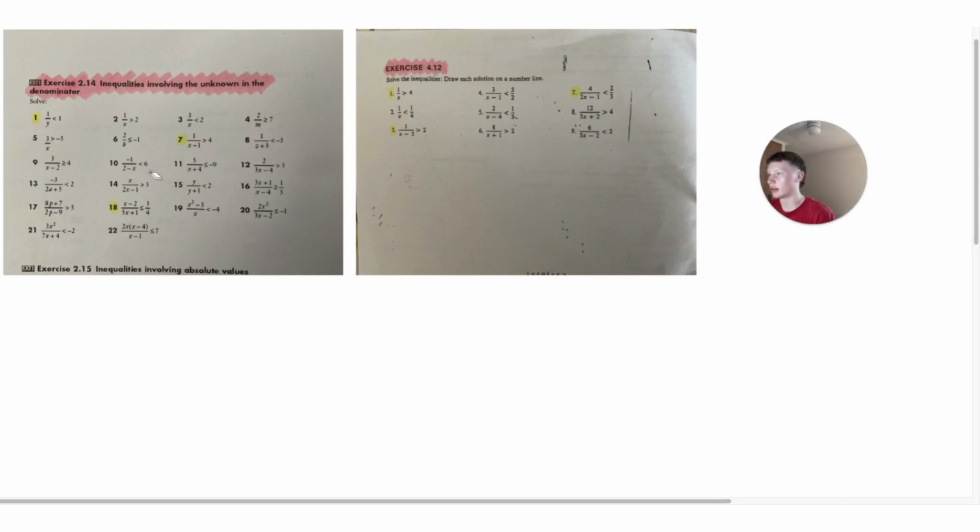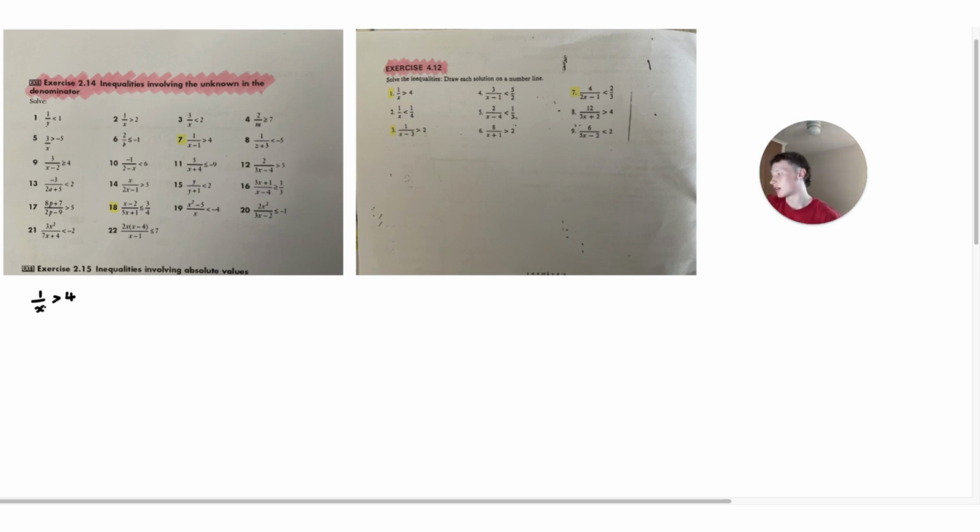Look, one here and one here are essentially the same problem. So I'm just going to work one and I'll show you it on a number line. Okay, so what we've got is 1 on x has to be greater than 4. The starting thing you want to do here is get it all over to one side.